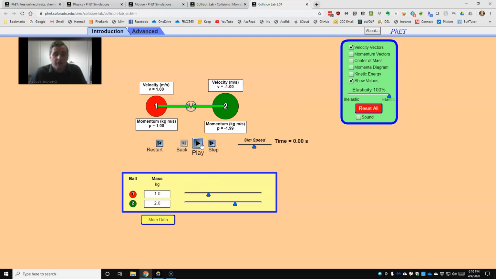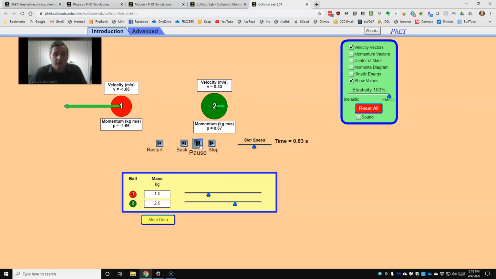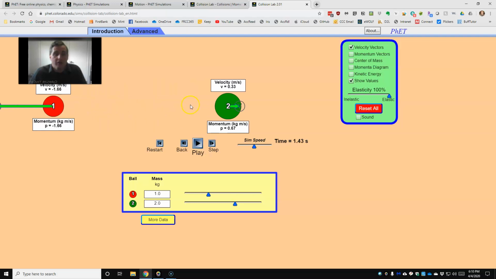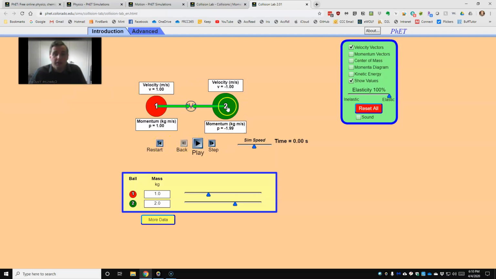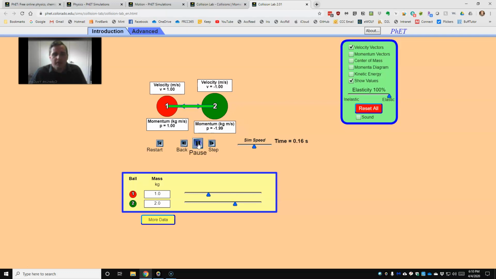Let's take a look and play. Notice ball 1 shoots out pretty fast compared to ball 2. Why is that? Well, because ball 2 has greater inertia, greater momentum. So even if two objects have the same speed but opposite directions, the one with the greater momentum is going to impart more momentum to the other one. Or at least this will have a larger velocity moving out than this one, I should say. Okay? So that's what we observe.